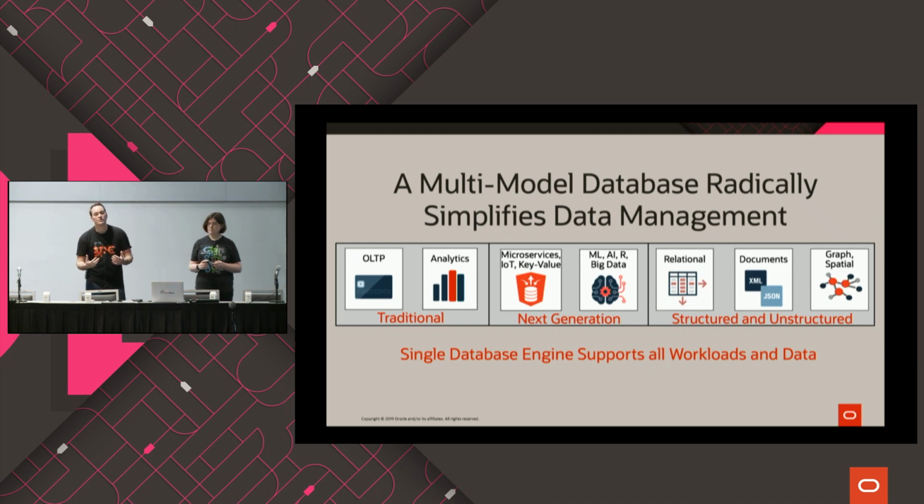But also allows you to store more than just one data type. So rather than having to bring in a new database for each data type you want to deal with, whether that's, okay, we want to store JSON now, we need to have a JSON database, or we want to store relational, we need a relational database, and so forth, have one database that allows you to store all this information once with one set of APIs based on standards and so forth.